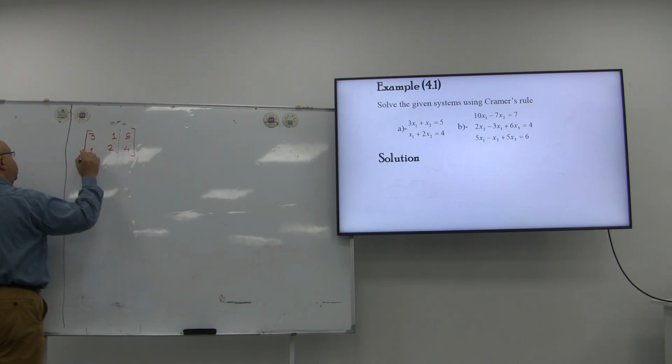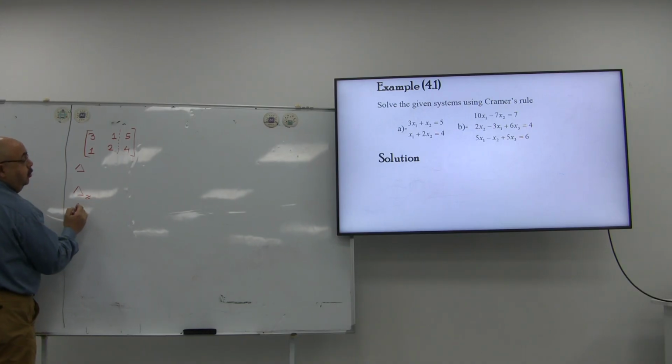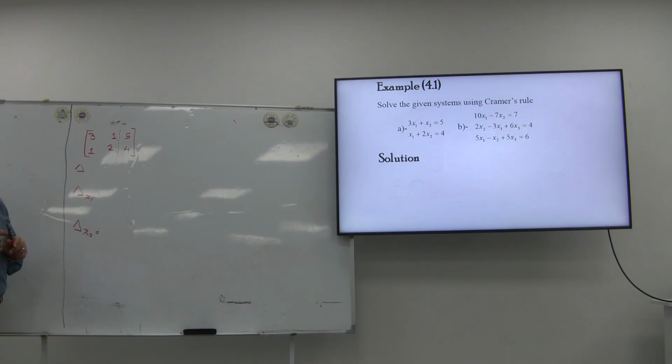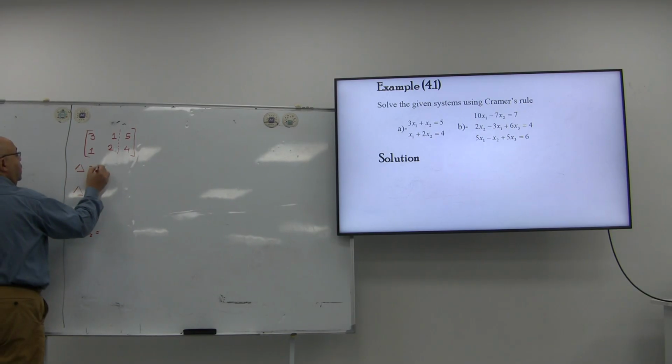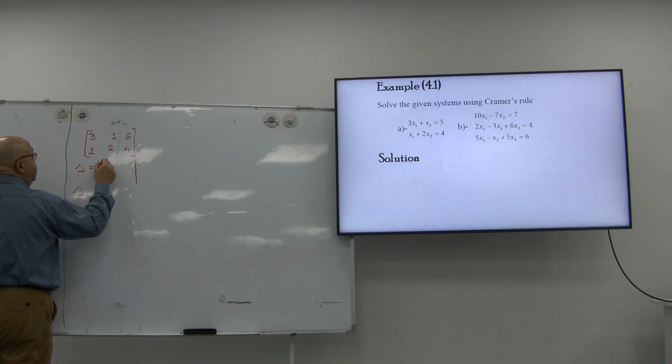This is a 2 by 2 system, so I will evaluate 3 determinants: the determinant of the coefficient matrix, the determinant relative to the first variable x1, and the determinant relative to x2. First of all, give me the determinant of the coefficient matrix: 3, 1, 1, and 2.